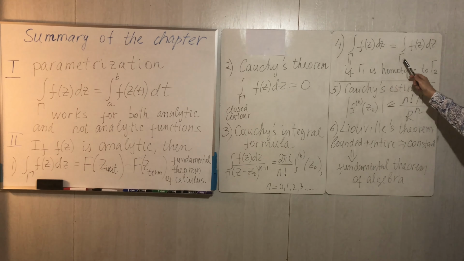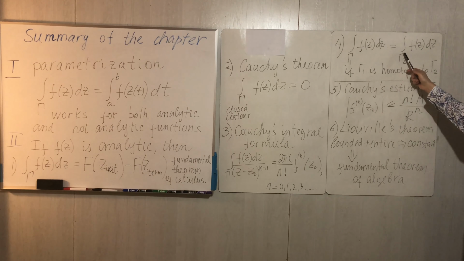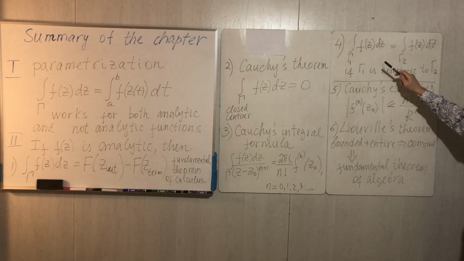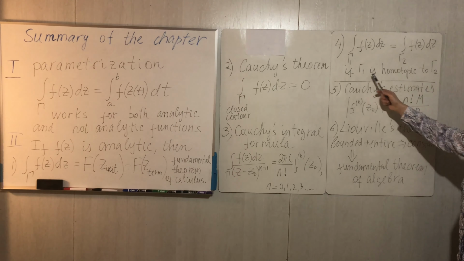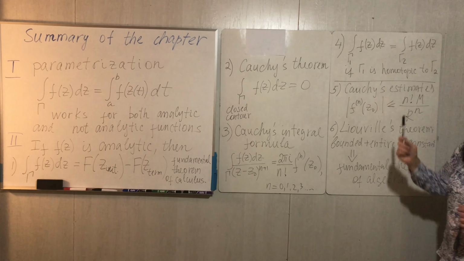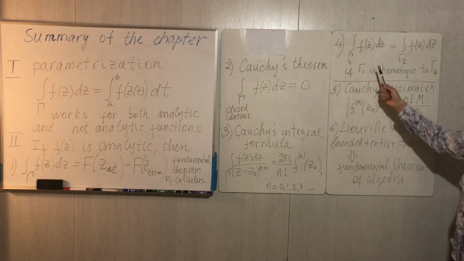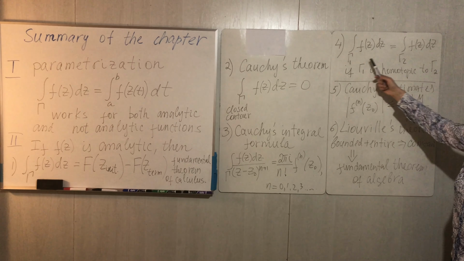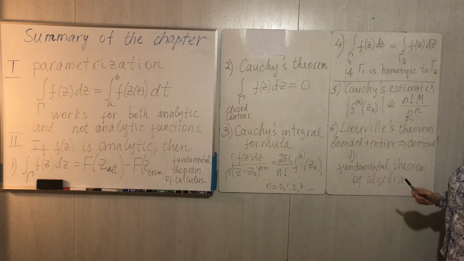Then if we have 2 paths, and we're talking about a more general, not simply connected domain, but if we have 2 contours that are homotopic to each other, which means one contour can be continuously deformed to another contour, then we can change the contour. The value of the integral will not be changed.